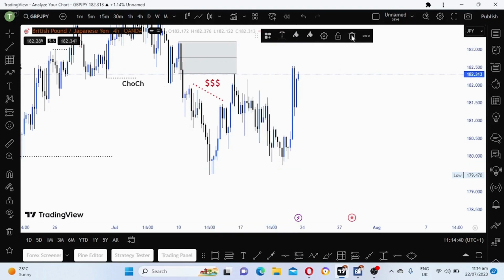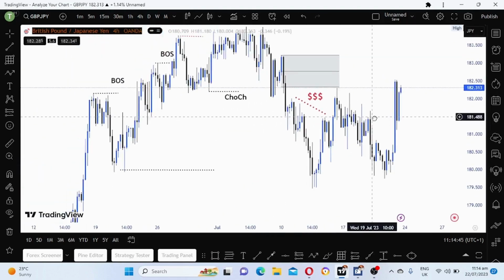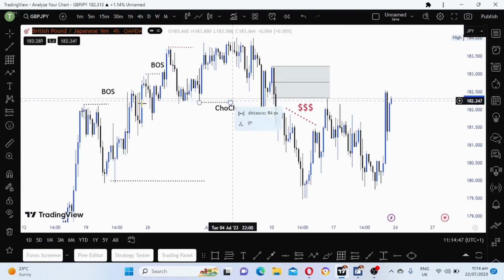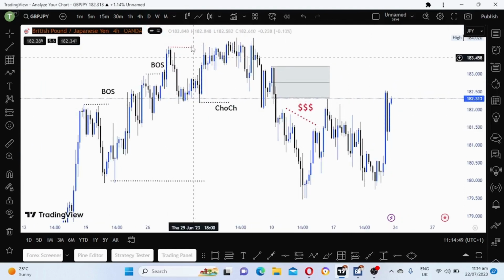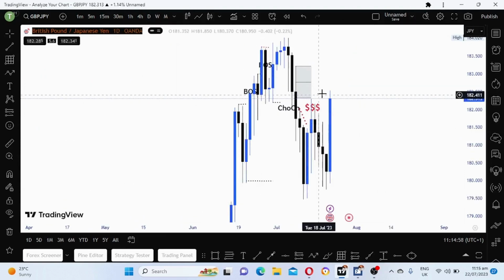So now looking at this one now, it's a bit confusing, as you can see, because we are now consolidating around this whole zone. I don't know, maybe we are having a second pullback, and then maybe we came just to grab the liquidity at this high, and then maybe we might sell.